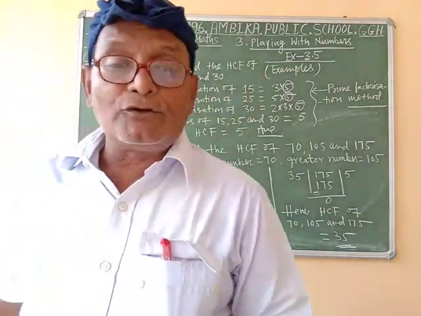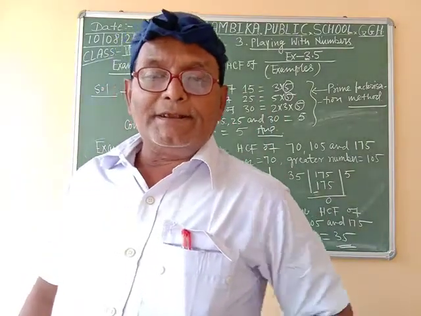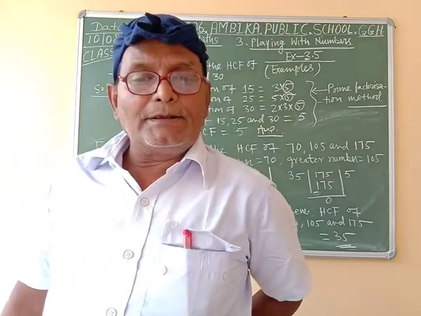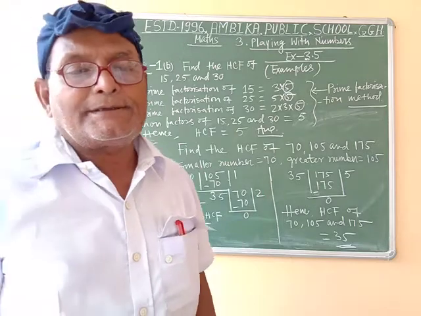If the remainder is not 0, then divide the smaller number by the remainder obtained in step 1.